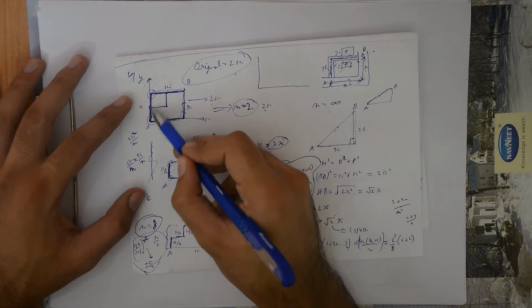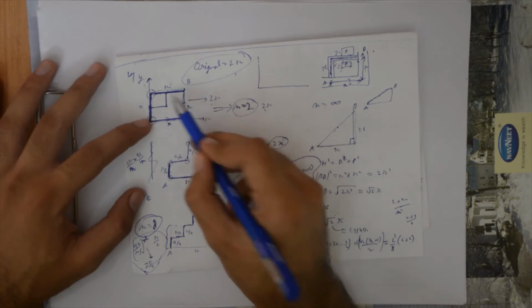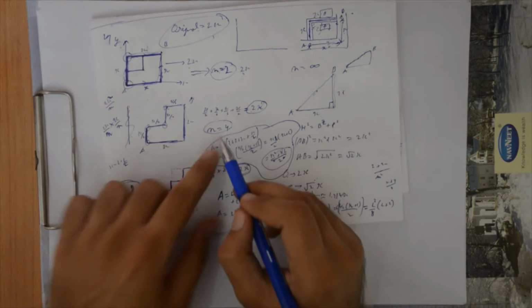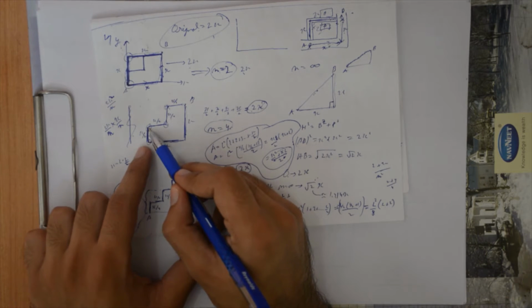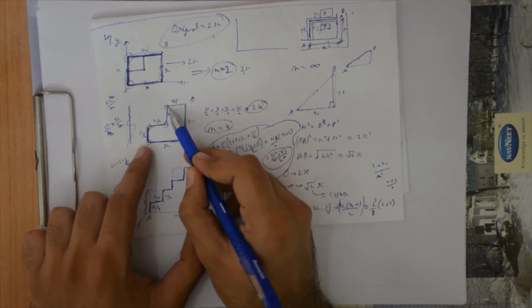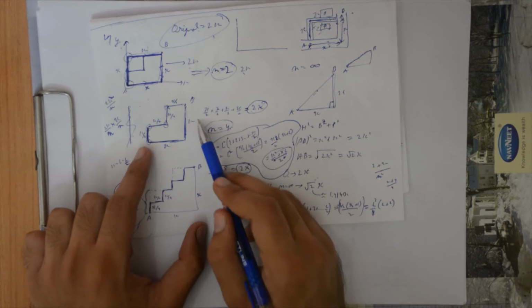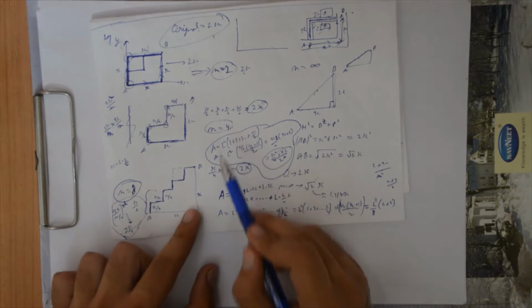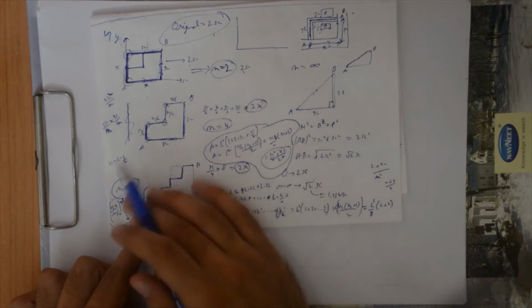One option is to go like this, which we call n equals 2, and if we put n equals to 4, it is like this. We go x by 2 distance, we turn right, again travel x by 2 distance, we turn left, travel x by 2 distance, and again turn right and travel x by 2 distance. So this was for n equals to 4, and similarly for n equals to 8 it was something like this, and so on and so on.